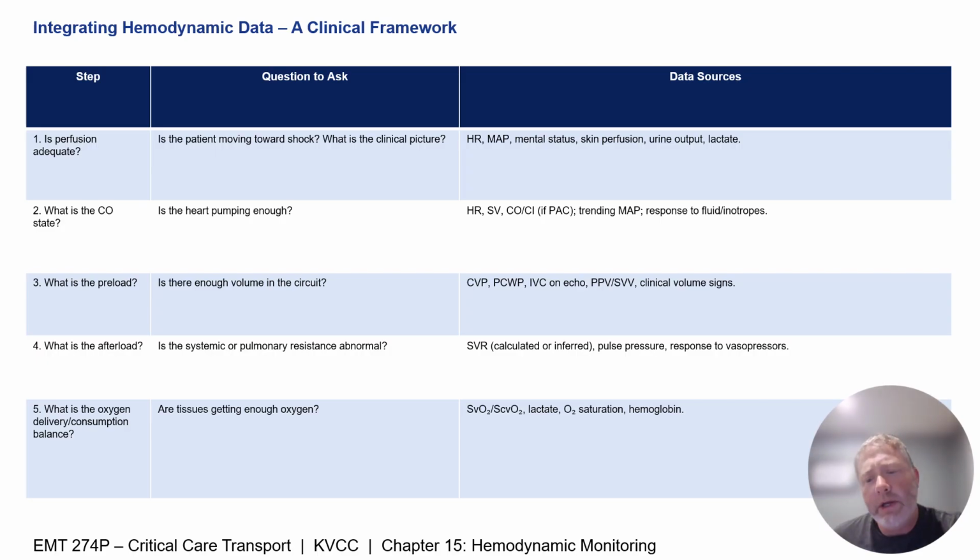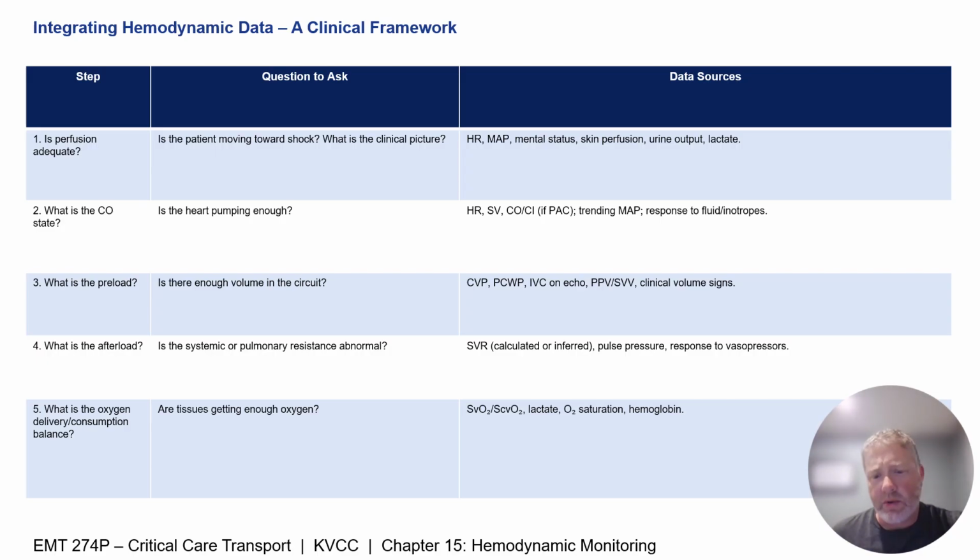And then go a little deeper and, all right, what's the preload? Is there enough volume in the circuit? Is there enough volume in the heart? With that, look at your pressures. So your CVP, your wedge pressure, the IVC on echo if there's one available. Look for clinical volume signs.